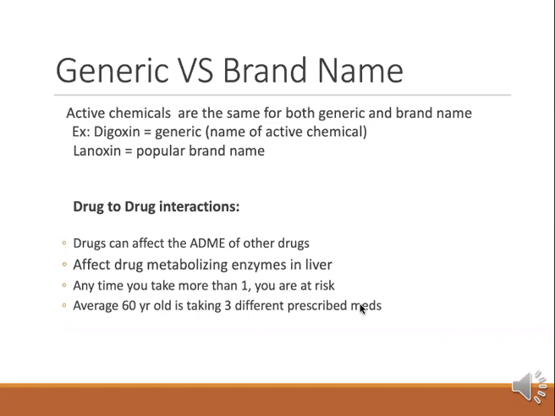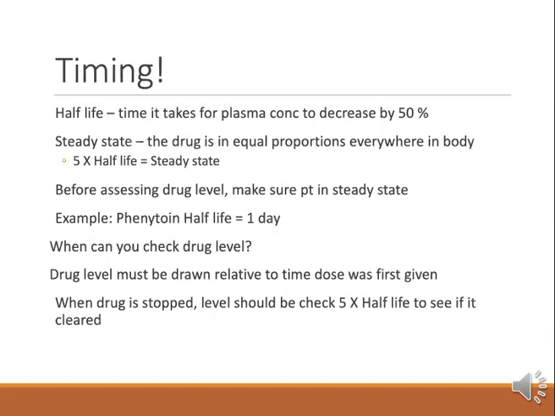Okay, so the average 60-year-old is taking 3 different prescribed medicines. All right, so timing is also very important. The half-life of a drug is the time it takes for the plasma concentration to decrease by 50%.